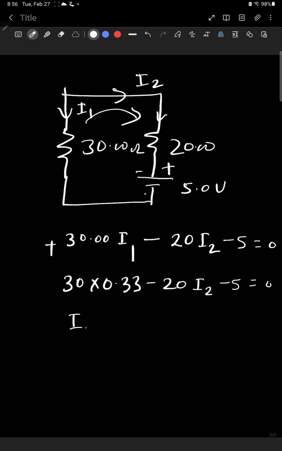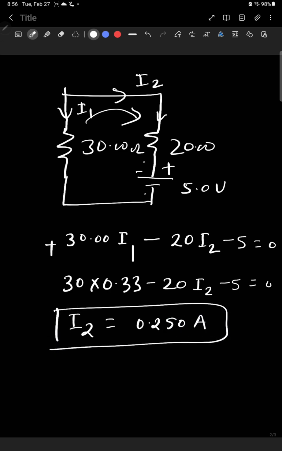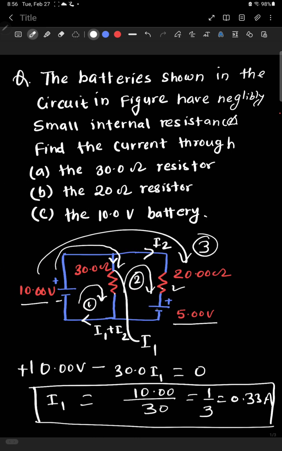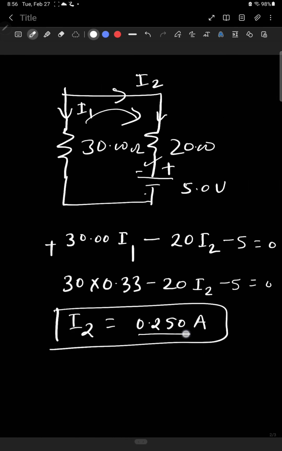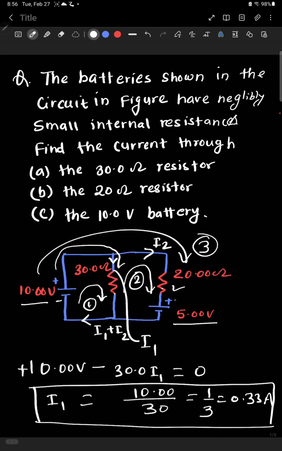Calculating for I2, putting it into the calculator, I will get 0.250 ampere. So this is the current passing through this section, I2, and the current passing through this one was 0.33.